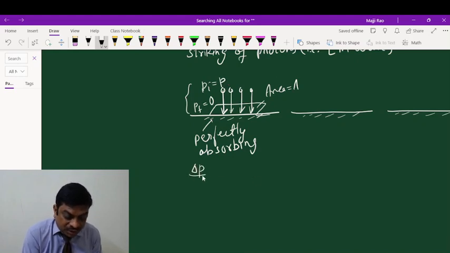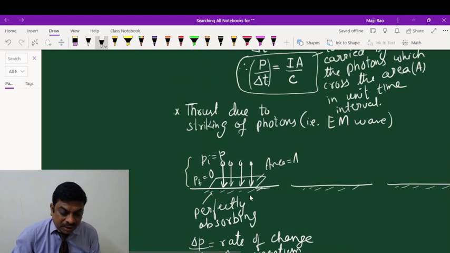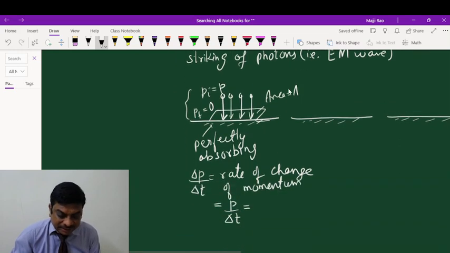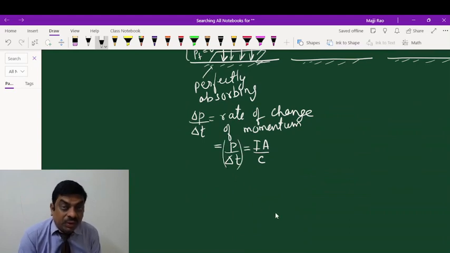So rate of change of momentum is exactly P by delta T, and we also saw that P by delta T is exactly I A by C. But as per Newton's second law, rate of change of momentum is the force applied.